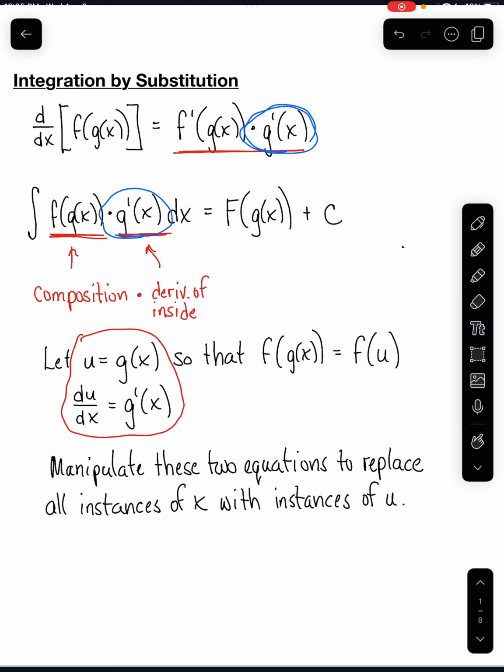Now, what does that actually mean? Well, it really does help to see an actual function here. So let's take a look at one. Let's suppose we have the function (x squared plus 1) squared times 2x dx.